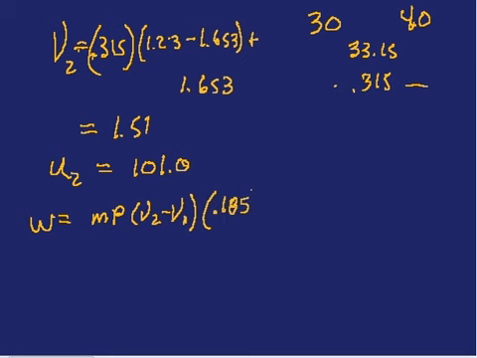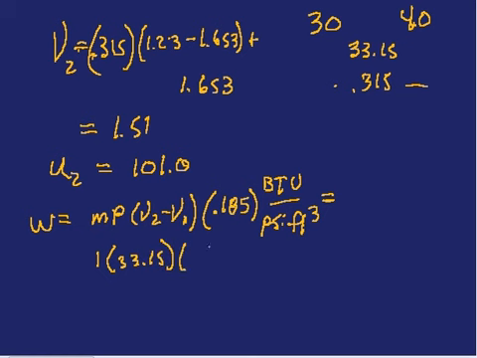And that comes out to a work of, let's see, 1 times 33.15 times 1.51, the new volume, minus the original volume 1, times 0.185 equals 3.13 BTUs.